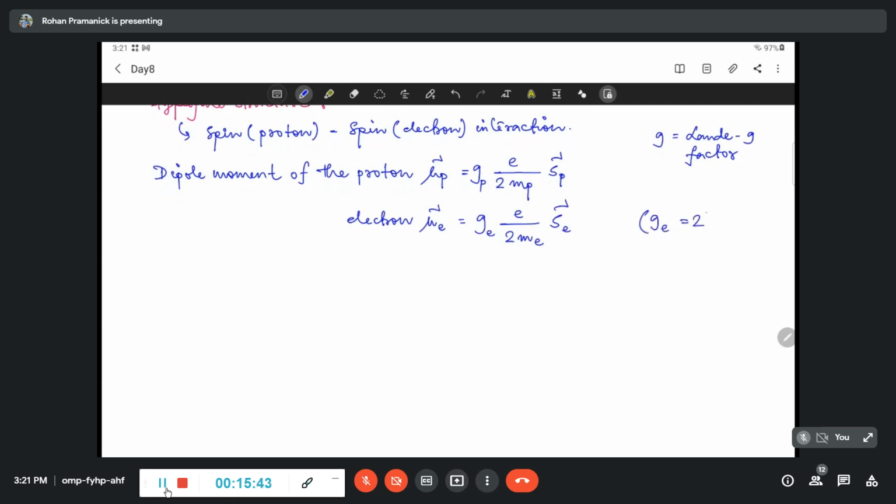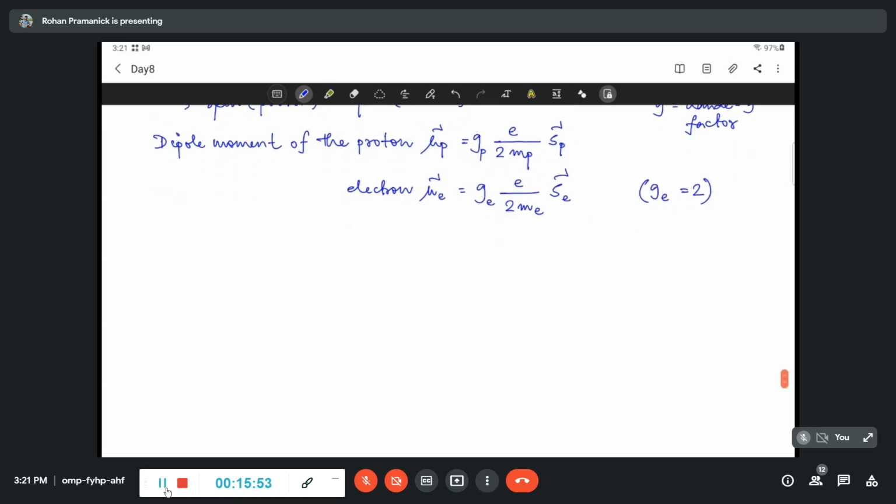Of course, I am writing G equals 2 very loosely. There are some small corrections, which I will not go into, but at low energy this is exactly equal to 2. And this expression can be written as e by me times Se. So this is the dipole moment of the electron.